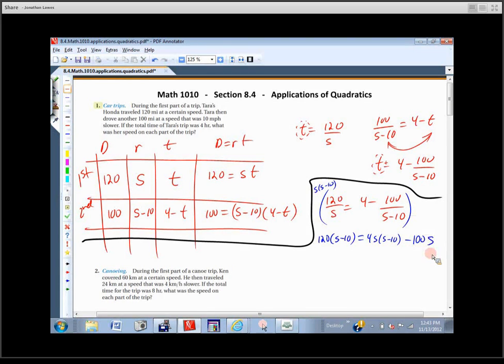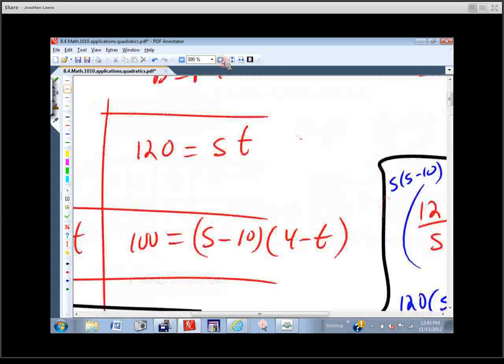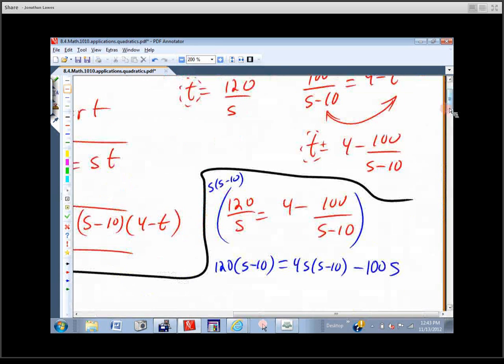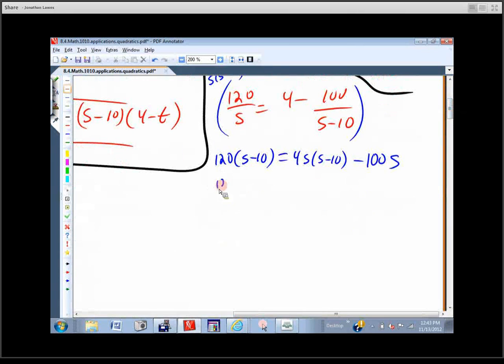Now, at this point, I can just solve this just as I would any other quadratic. So this is going to be 120s minus 1200. Over here, I get, careful here, 4s squared minus 40s minus 100s. And then I'm just collecting like terms, setting it equal to 0 and all that sort of stuff. Now, on this particular problem, am I going to move everything over to the left like we usually do, or should I move everything over to the right?